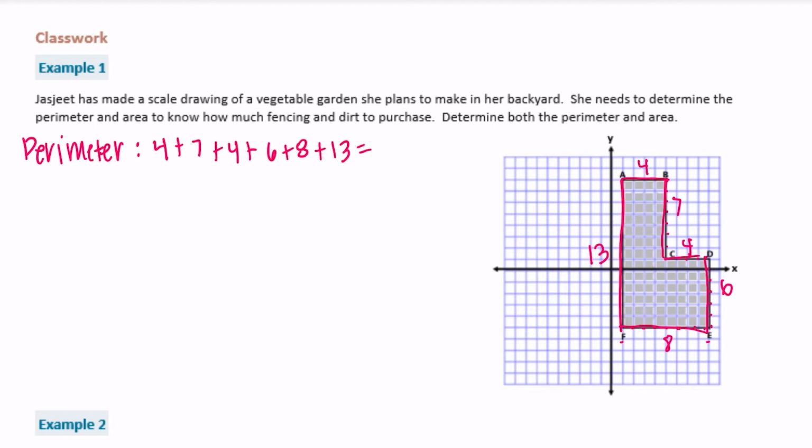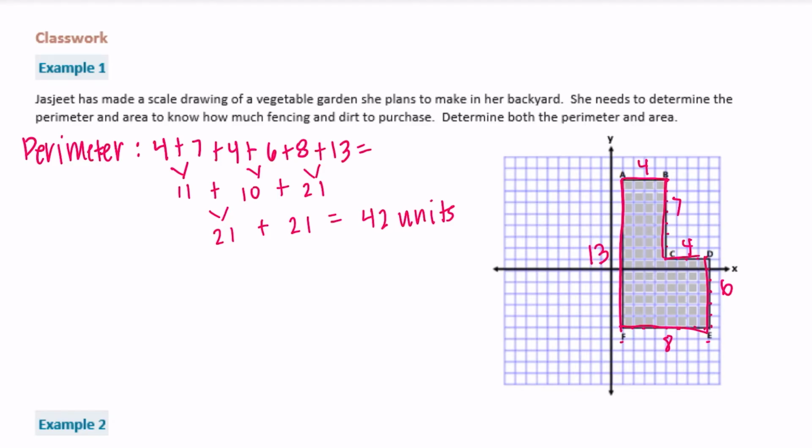I'm just going to add these, so that'd be 11, plus 4 plus 6 is 10, plus 8 plus 13 would be 21. And if I add 21 plus 21, we get 42 units. So the perimeter is 42 units.